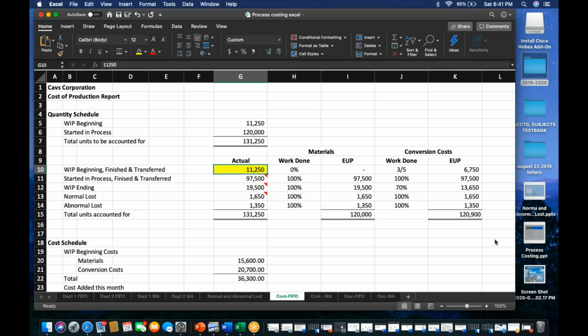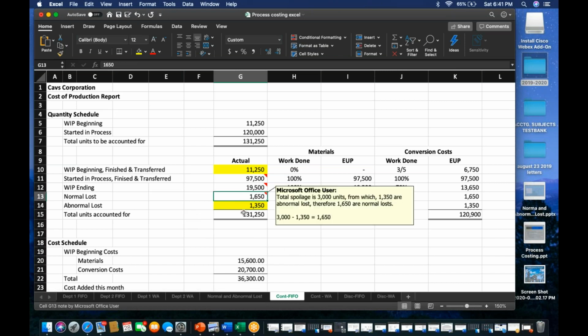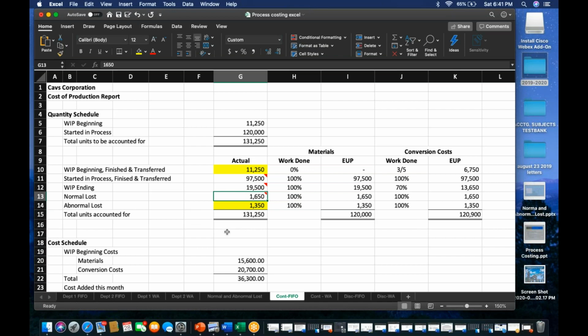Abnormal loss is given, 1,350. Now the 1,650 normal loss is not given, pero given yung total spoilage na 3,000 units.